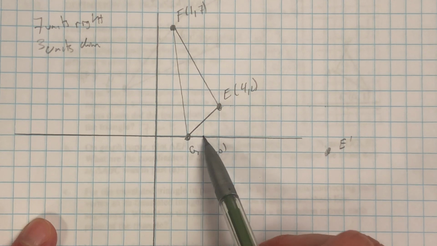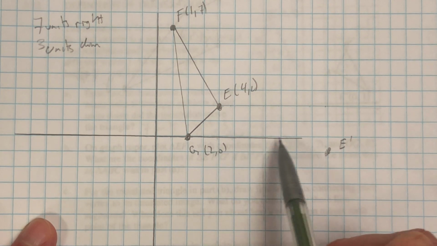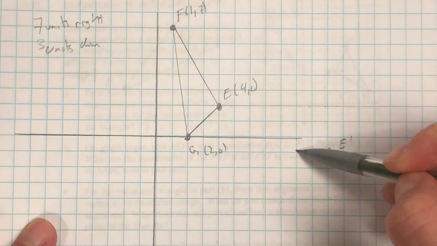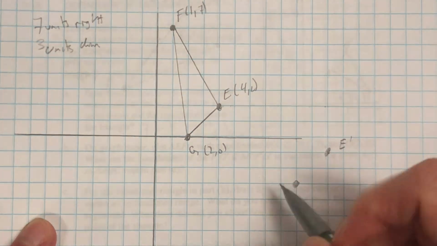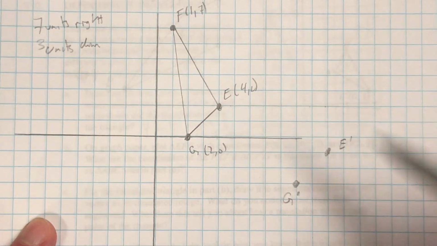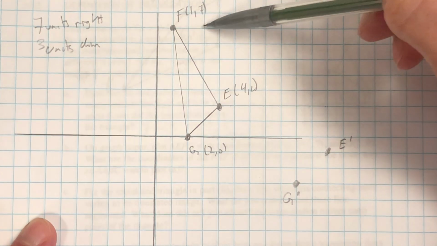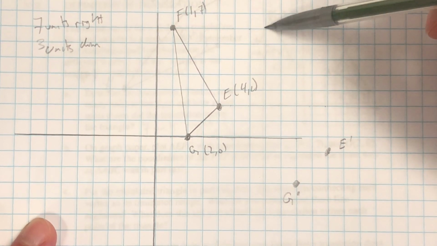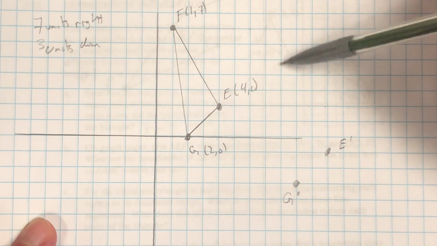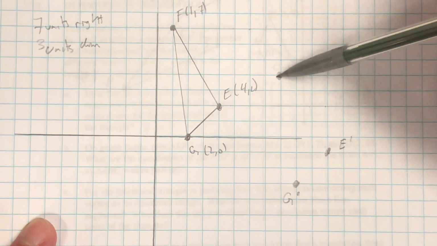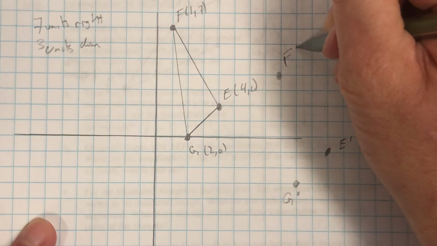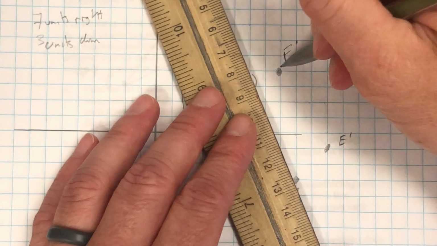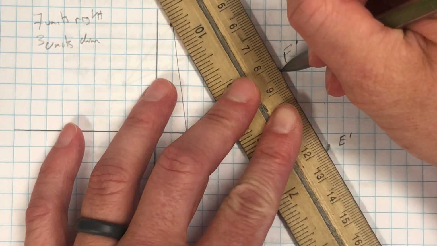Let's go G: 7 right, 3 down. Here's G prime. Then F: 7 right, 3 down. This will be F prime. Again, I connect all my points together.